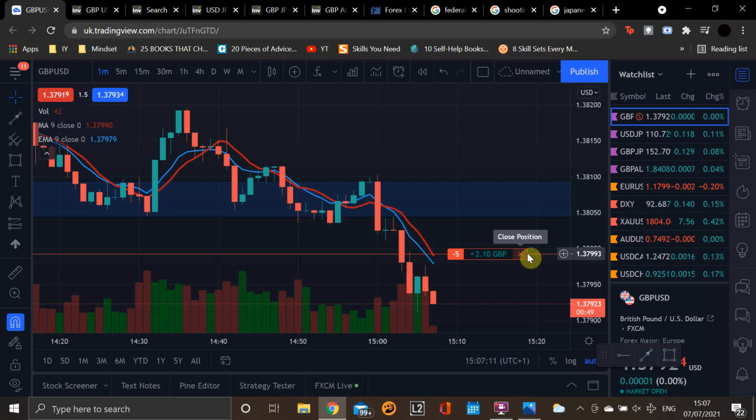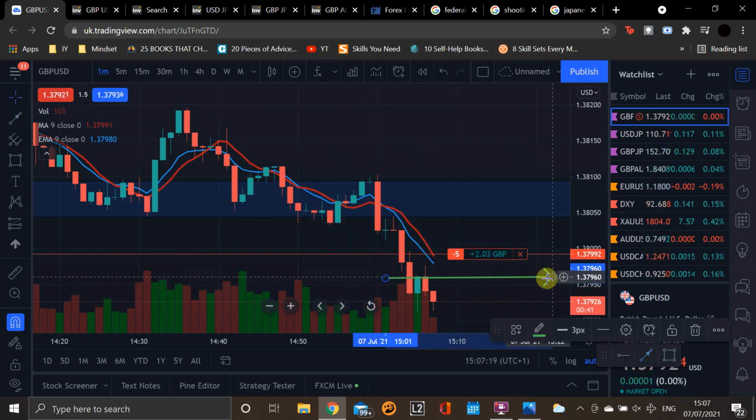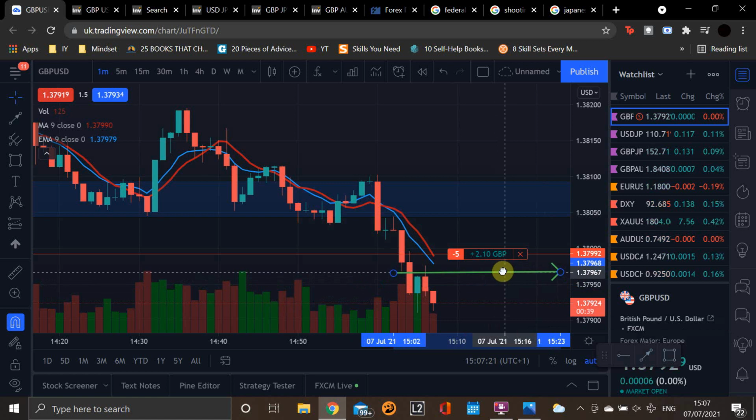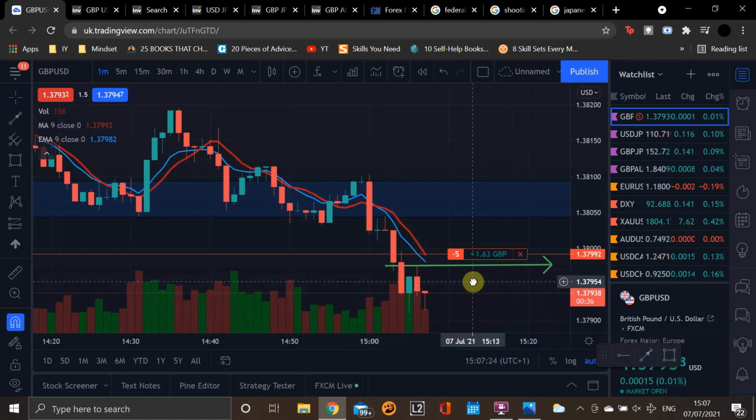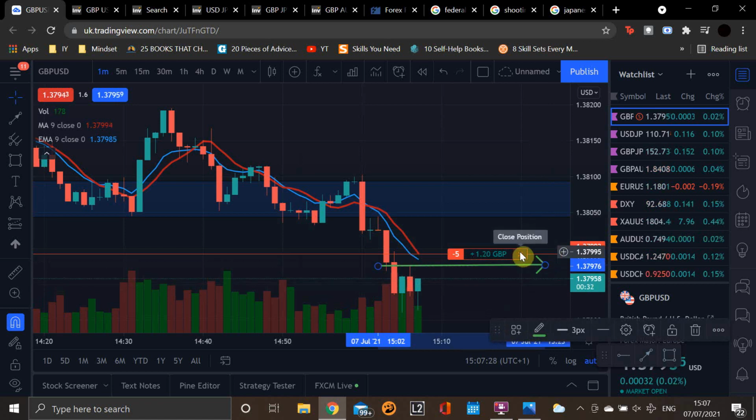Take my profits now. I think it'll go down even more. How about this? This area right here will be my stop loss. Just above here. So it's a risk-free trade, right?